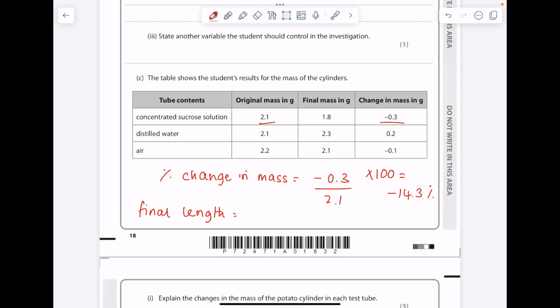And then in terms of finding the final length, we know that the initial length is 5 centimetres. So effectively the final length will be 85.7% of that initial length. So we just do 5 multiplied by 0.857 to get an answer of 4.3 centimetres.